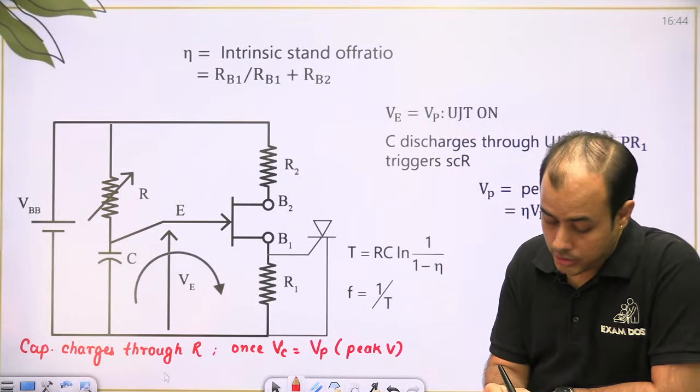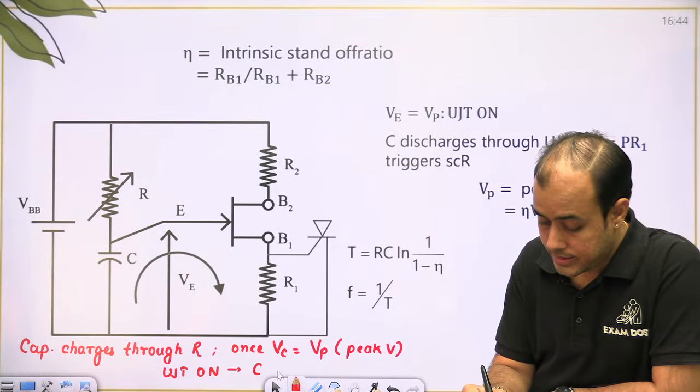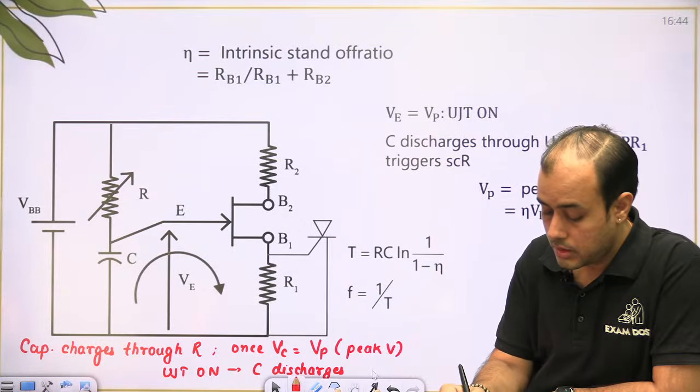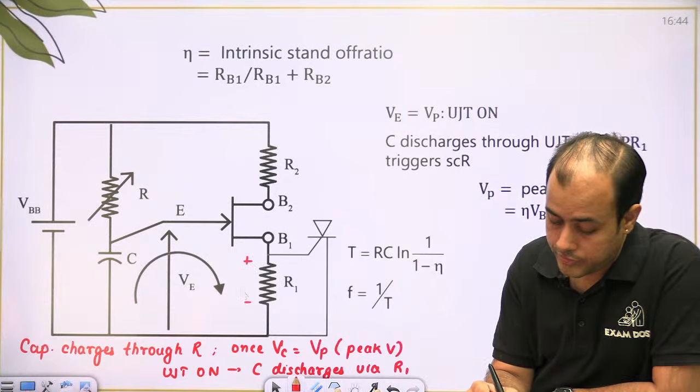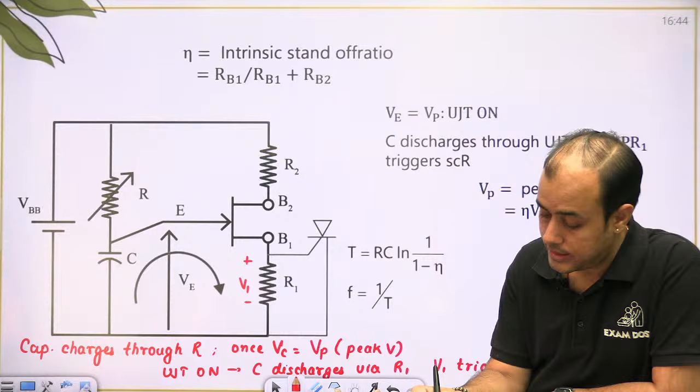Okay. UJT turns on, capacitor discharges via R1, and the voltage V1 triggers SCR.